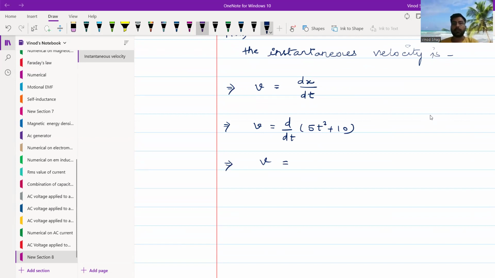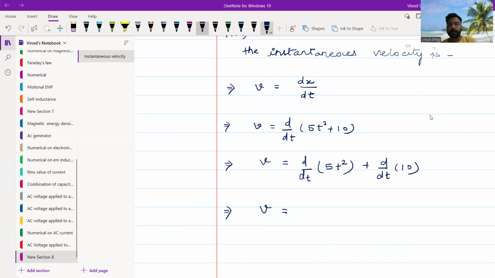So for your better understanding, I'm writing the in-between steps also, so that it will be easy for you to understand. d over dt of 5t square plus d over dt acting on 10.